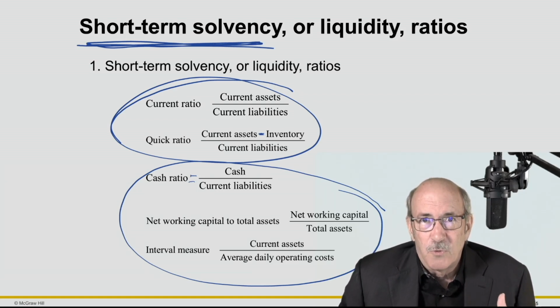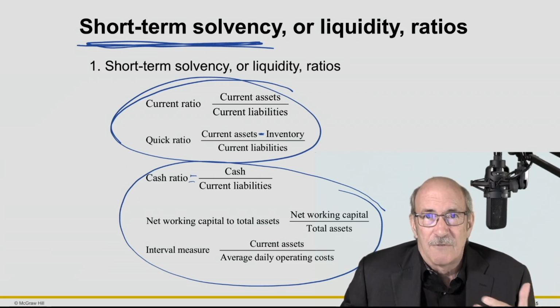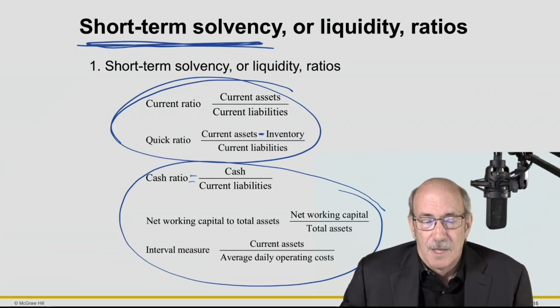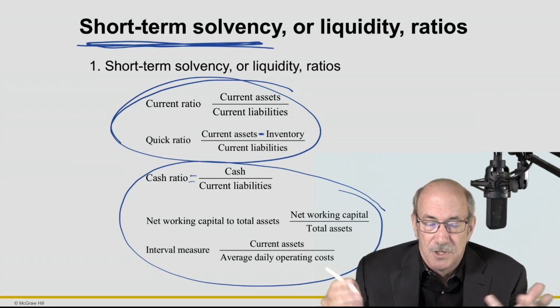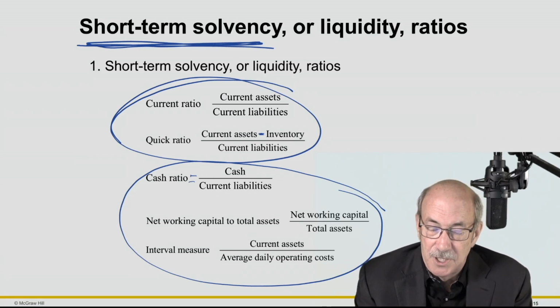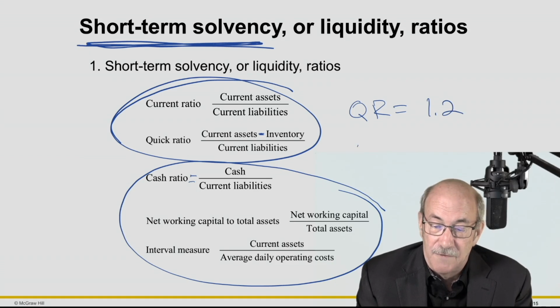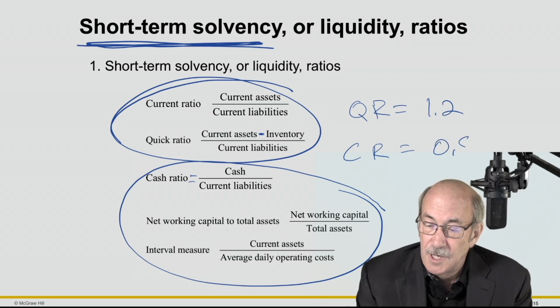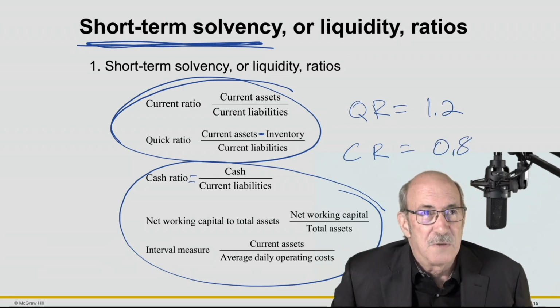It's only when we compare them to something else or we have some sort of benchmark that it becomes useful. So, let me give you an example. Let's say that we have a quick ratio of 1.2, and we have a cash ratio of 0.8. What does that actually mean?